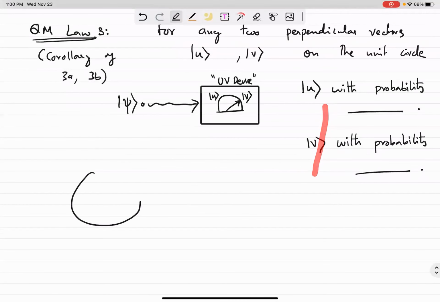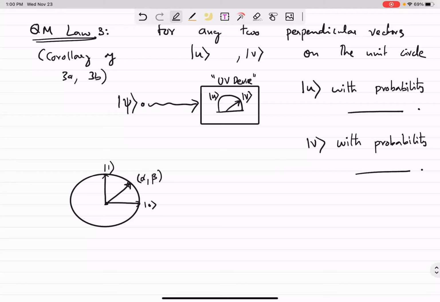So when we had the point on the circle, this was alpha and beta, and we had the 0 and 1 basis. Okay, when we passed it through the measuring device, we said we are going to get 0 with probability alpha squared. What's the geometric meaning of alpha squared? Any guesses? How can you infer alpha squared from this picture?